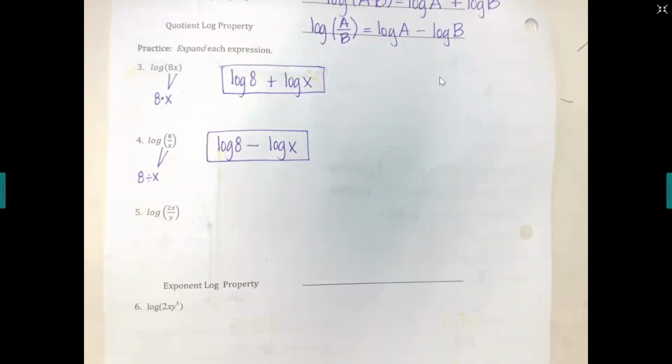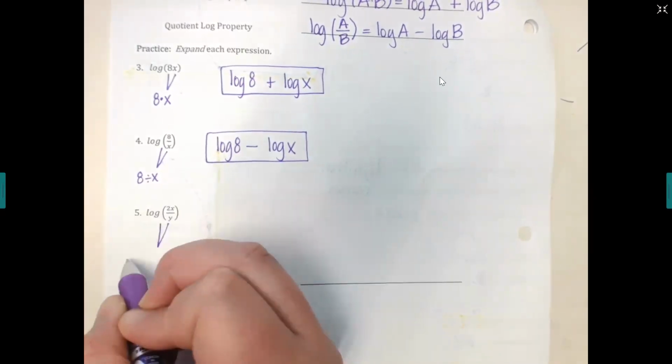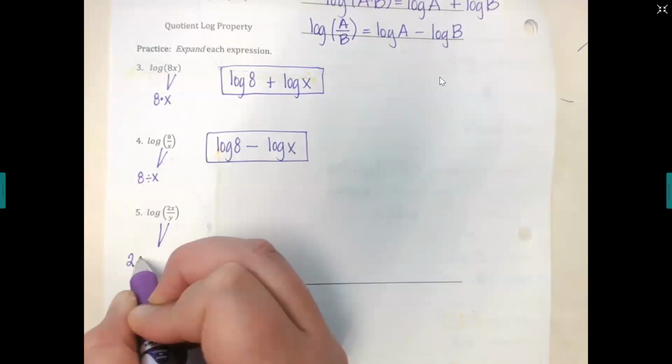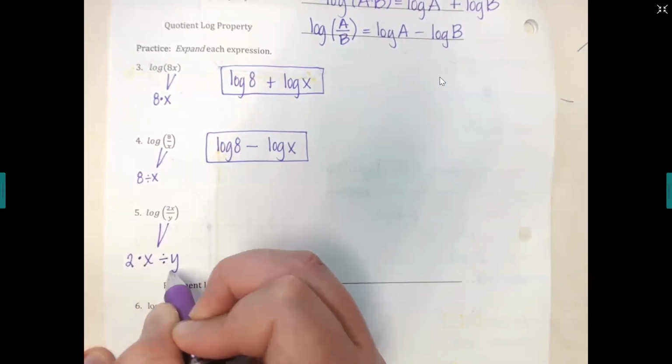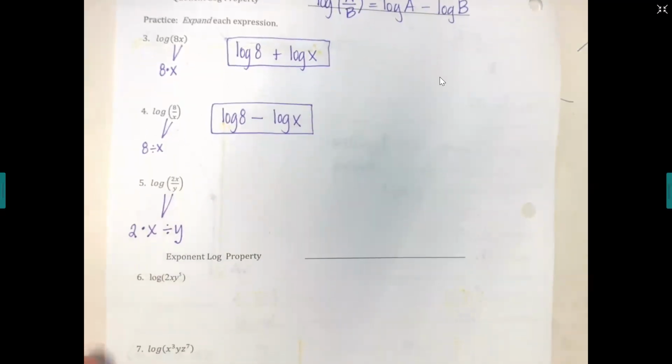Take a look at number 5. I want log of 2x over y. Let's break down what that operation is. That means that you're doing 2 times x and then divided by y. And remember that when you are expanding, that's what this is called, everybody wants their own log. Nobody wants to share. So what that means is that your 2 is going to get its own log. So is x, so is y.